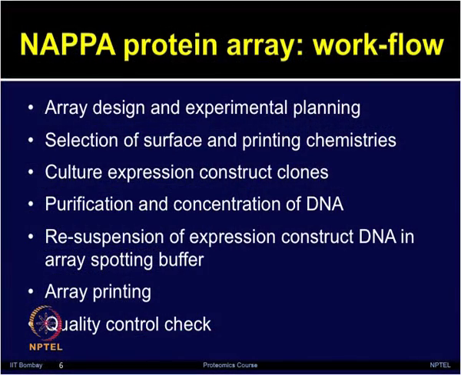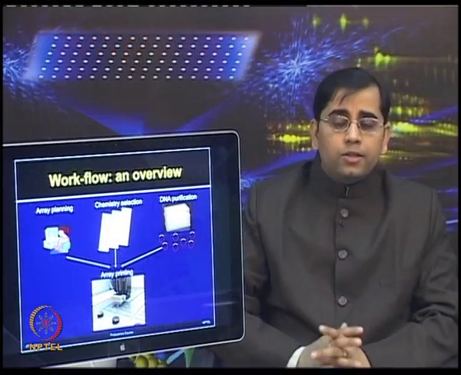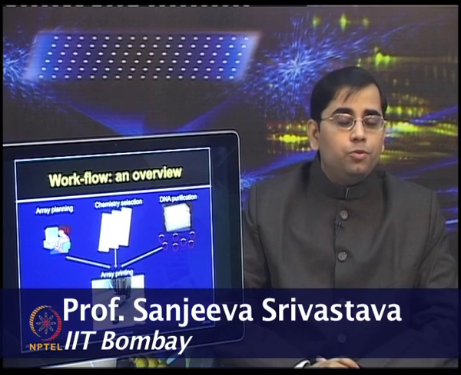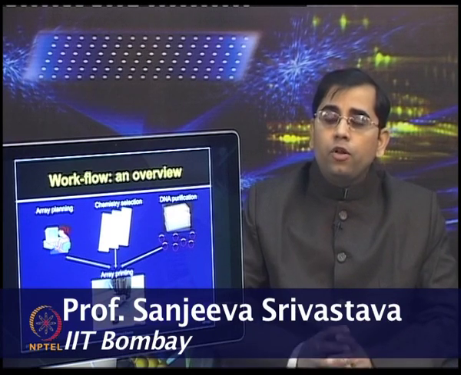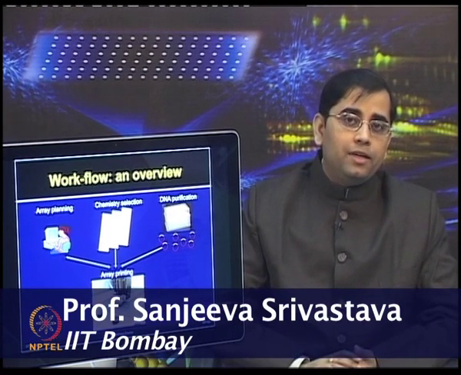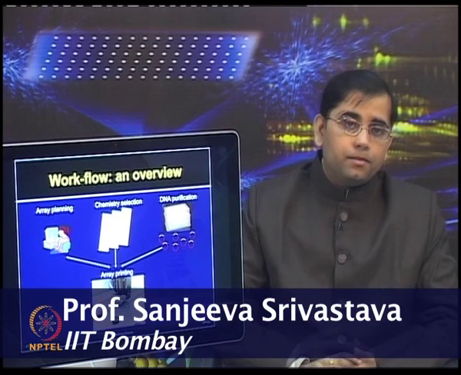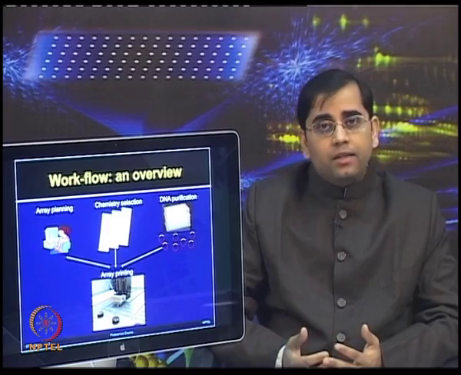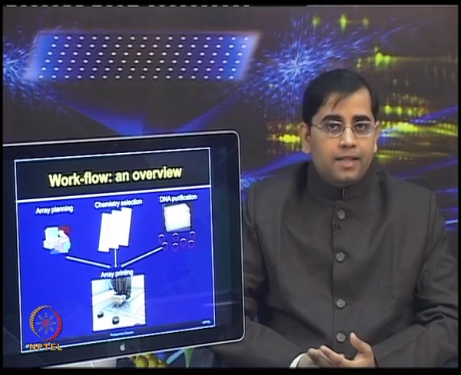Now, array printing: how to ensure that printing quality is good, and then different quality control checks are required. So, just an overview, one needs to do the experimental planning, how to design those arrays, what all the features are going to be printed on the array surface. One needs to design these experiments very thoughtfully. What features are going to be printed on these arrays?